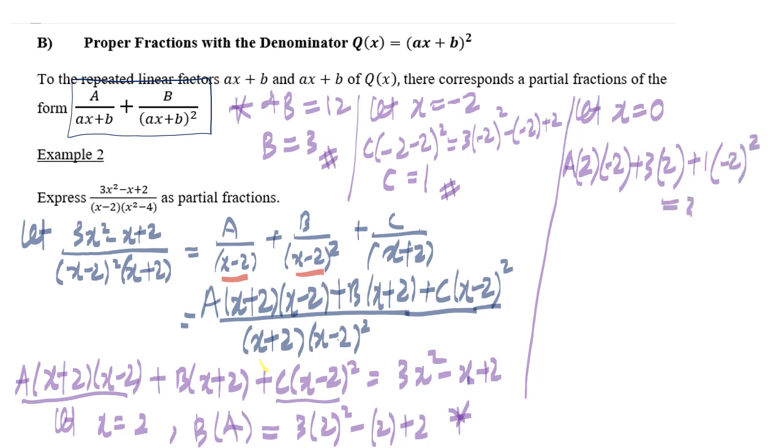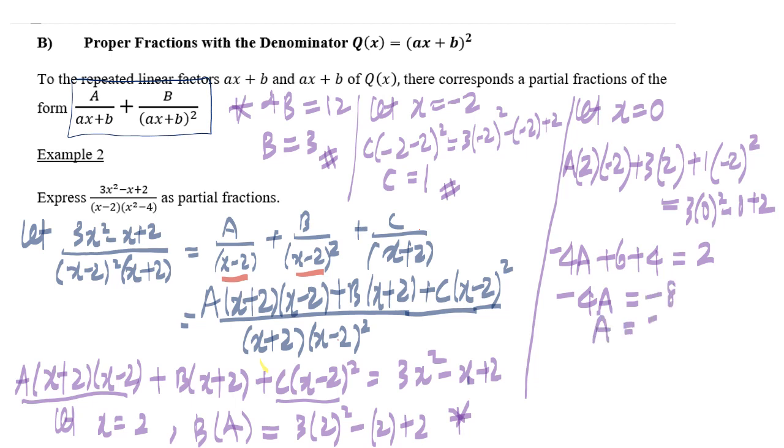My right hand side will be, okay, so I will end up getting negative 4a plus 6 plus 4 equals 2. Negative 4a will be negative 8a will be 2.